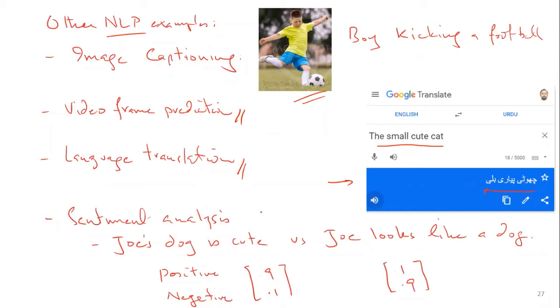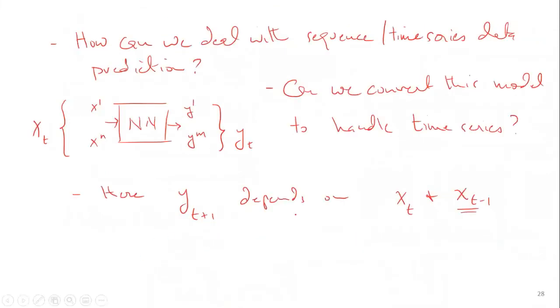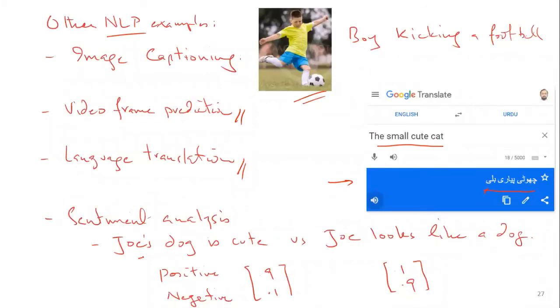If you're doing sentiment analysis, this is another example. You could have a sentence which says, Joe's dog is cute, versus, Joe looks like a dog. If you're trying to say what the sentiment is, is it positive or negative?